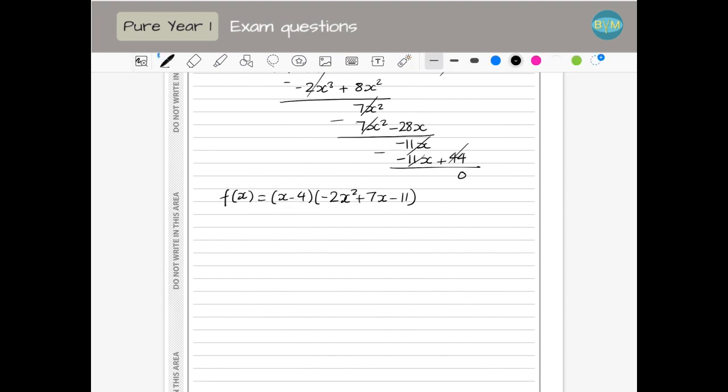So my cubic, if I roughly represent it, the coefficient of x cubed is negative, so it's going to do something like this. The y-intercept is minus 11 times minus 4, so 44. Positive 44, and the only cut with the x-axis is at positive 4. So my cubic will be doing roughly something like this.